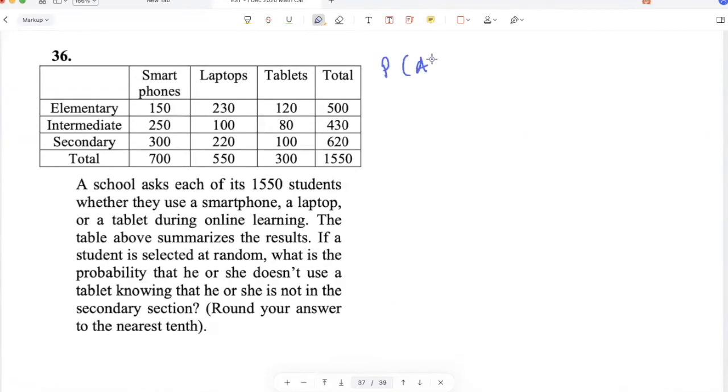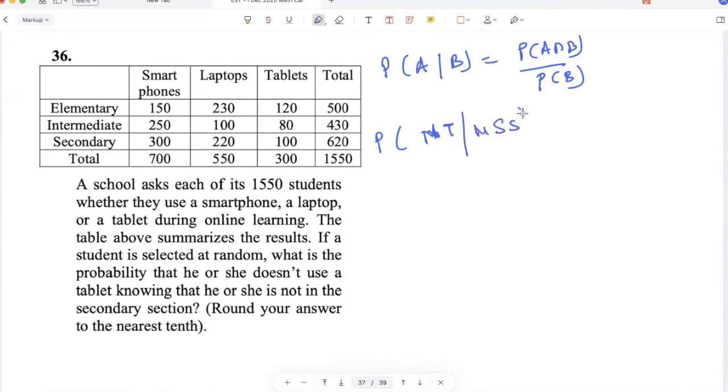P of A given B is P of A intersection B divided by P of B. So P of no tablet, given that the student is not senior secondary, will be P of no tablet intersection no senior secondary divided by P of no senior secondary.